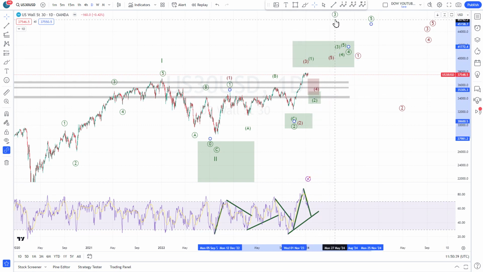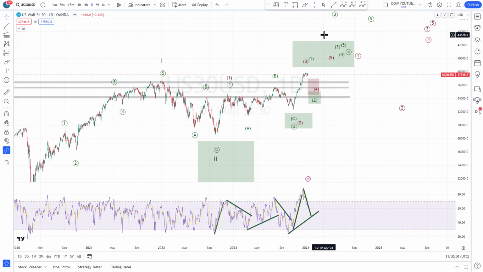It would mean that in this upward move here, a wave 3 and 5 still need to follow, and then this looks actually very bullish.